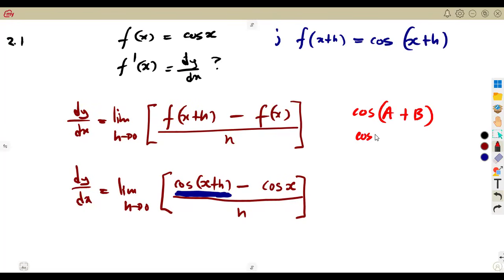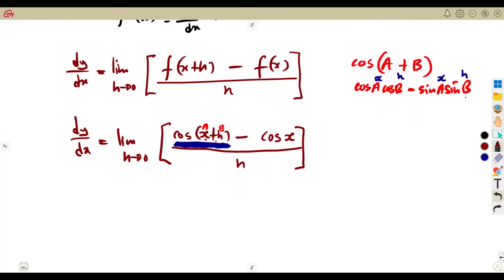From your identities, that is cos A cos B, then it changes to a minus, sine A sine B. So we consider x as our A and h as our B. Where A is, we put x, and where B is, we put h. So this can be expanded.